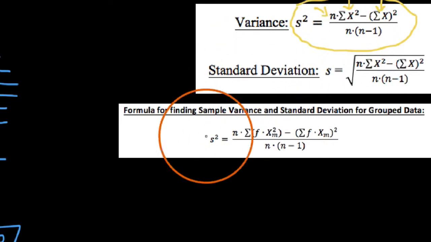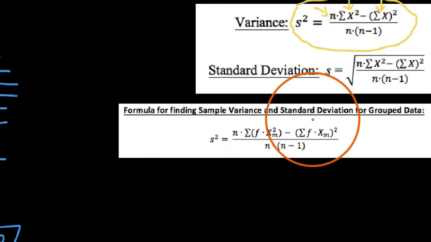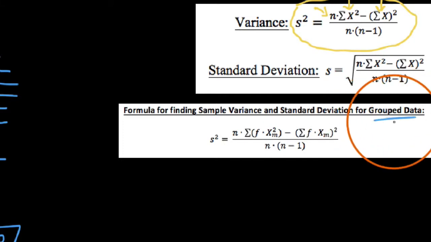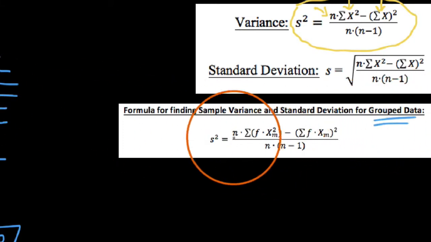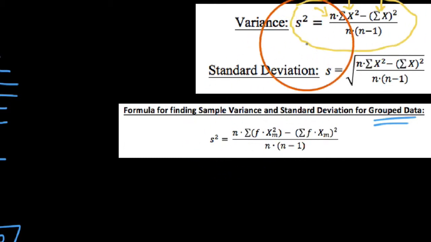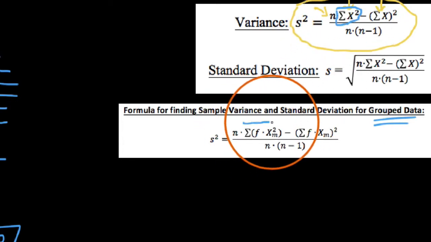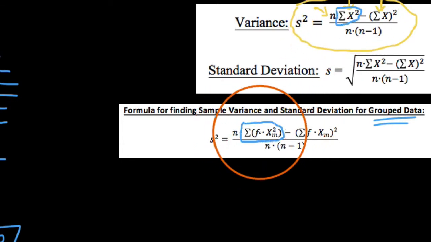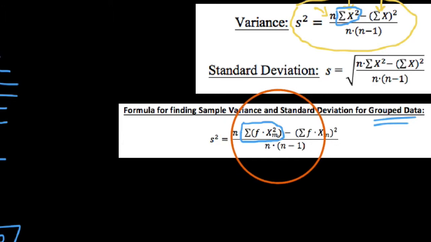So you're going to notice that the formula for finding sample variance and standard deviation for grouped data, that is data in a table, says that we're going to do all of this right here. And I just want to do a little compare and contrast here. They both have an n. They both have the sum of the squared data right here, except we're going to write it slightly differently. We're going to write it as the sum of the frequency times our class midpoint squared.